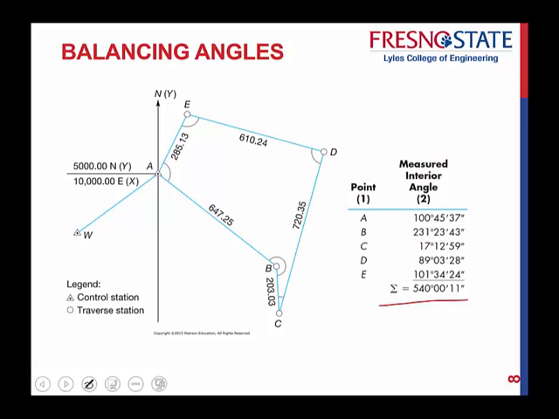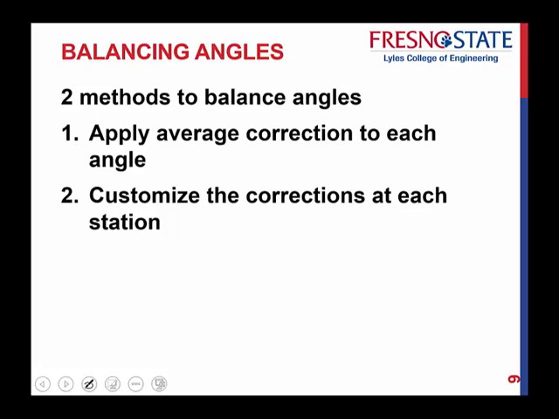So the first thing is balancing these angles. There are 2 methods for balancing the angles. One is to apply an average correction to each angle, meaning if I have 5 angles and 10 seconds of misclosure, then every angle gets 2 seconds. Or you have what we call a customized correction.